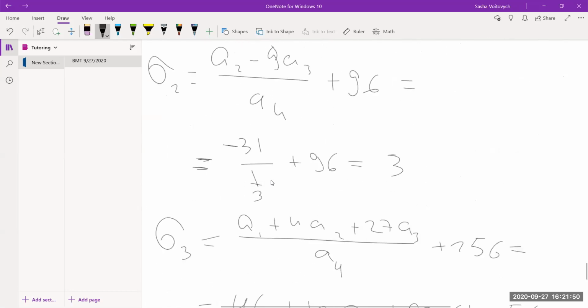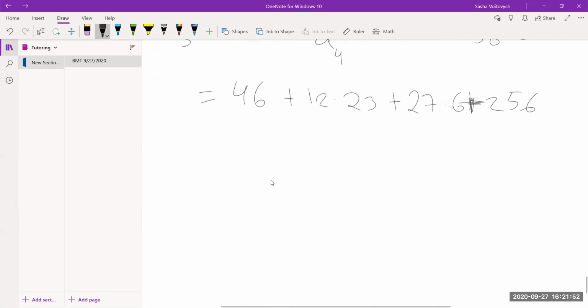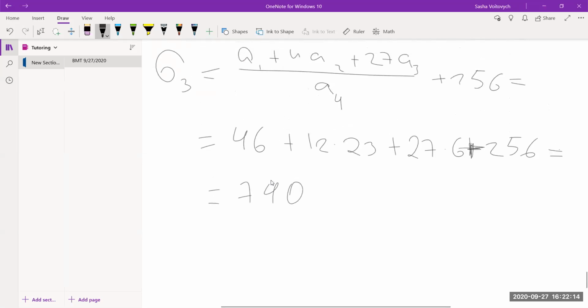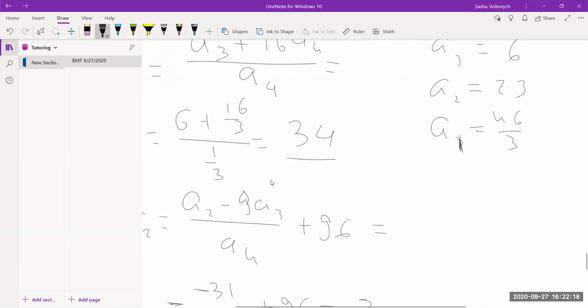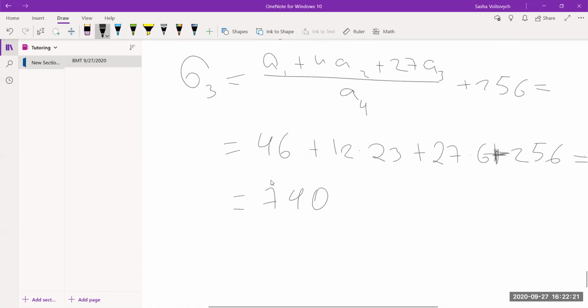Yeah. Okay. Yes. So this is going to be equal to 23 times 12. So this is sigma 3. All right, and sigma 4 is unknown yet.